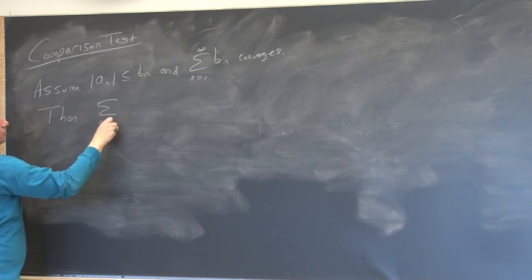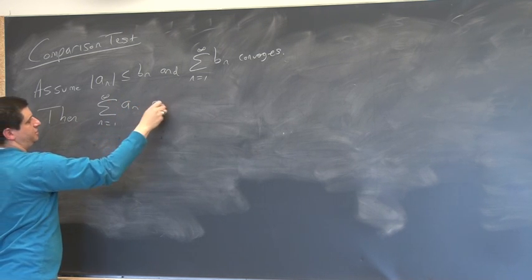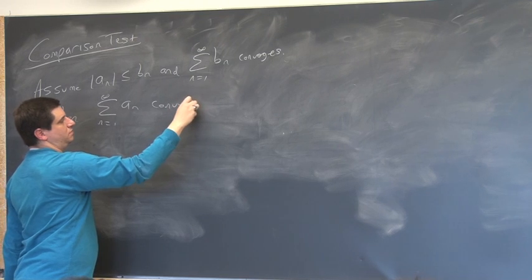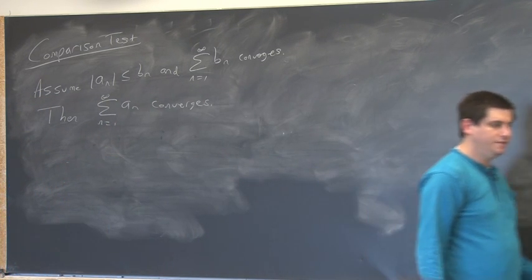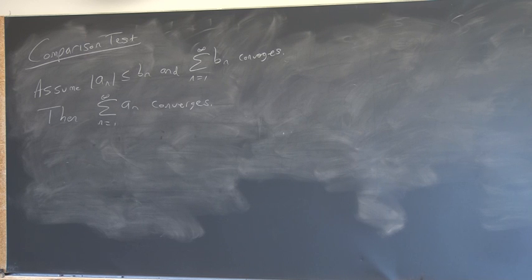Then the sum, n goes from 1 to infinity, of an converges. So this is very useful. I can tell if a series converges by comparing it to a series that I know converges. So if I can find some series so that term by term I'm less in absolute value, then I must converge. Now unfortunately this doesn't give you some information that you would love to have.